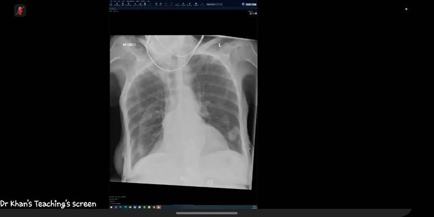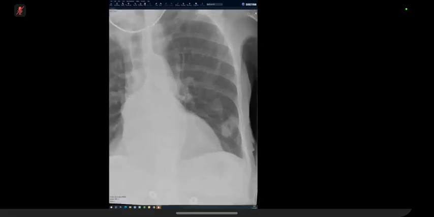Okay. So how would you close the case? Yeah. So in summary, this is an adult female patient with a left lower lobe, left lower zone lung opacity. You sure it's in the lung? Well, you can see lung markings through it.